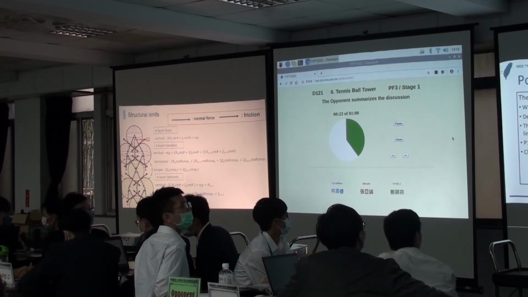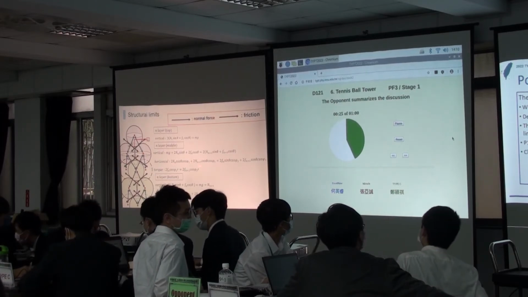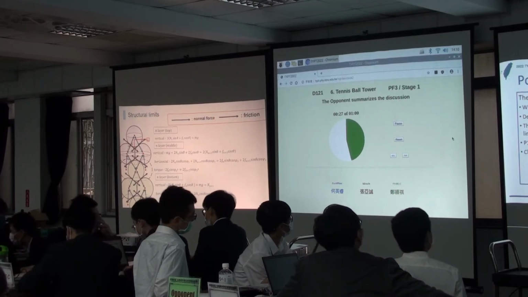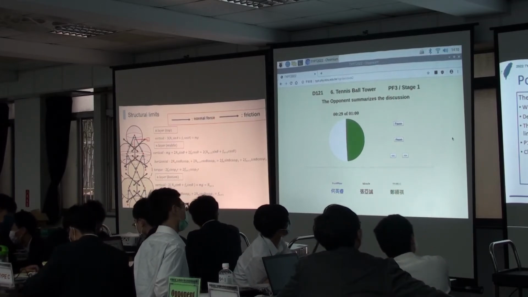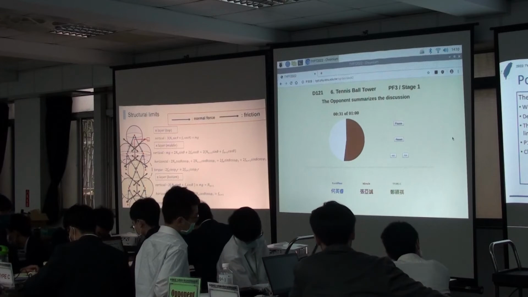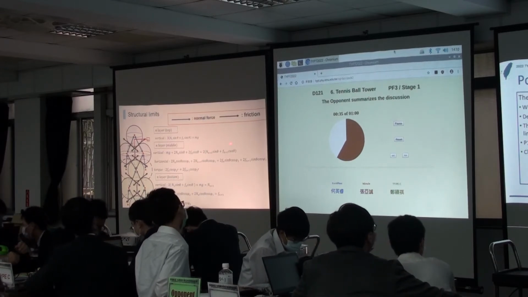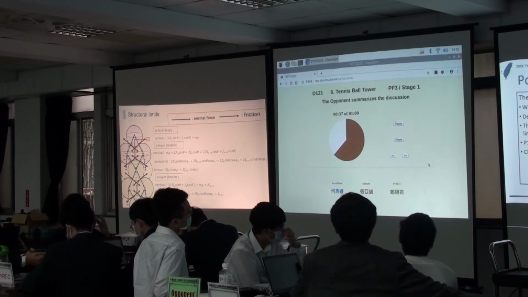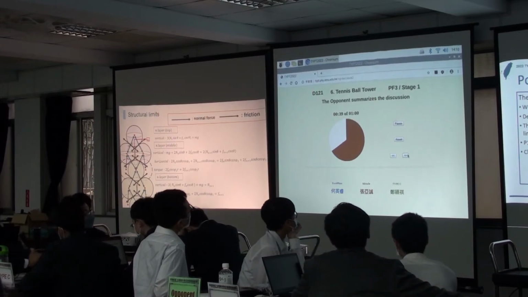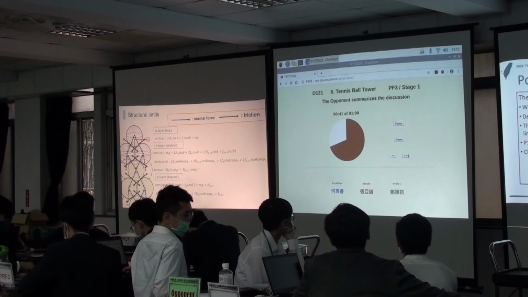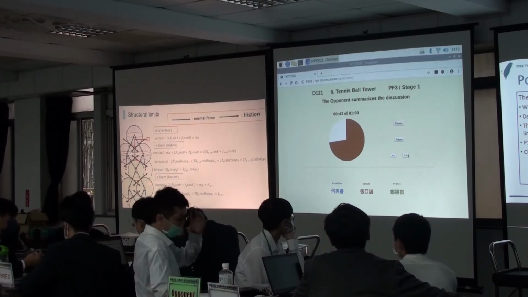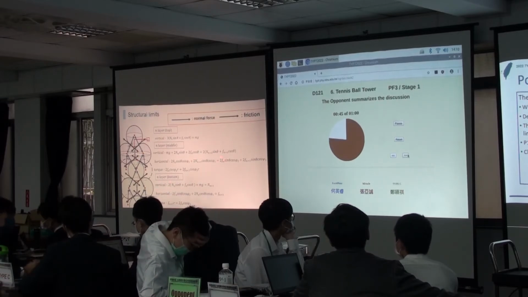And the theoretical limit for presentation is that for 3 balls per layer, they can only stack up to 10 layers. And the effect of the change in the mass of the top ball, according to the reporter, changes the normal force and friction of the lower layers, so that affects the stability.